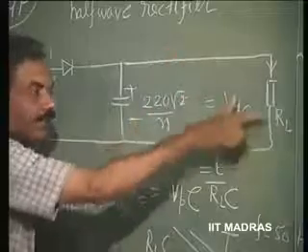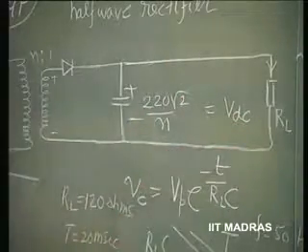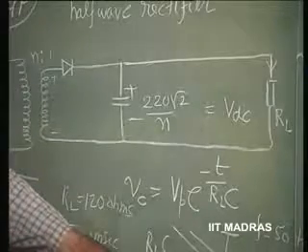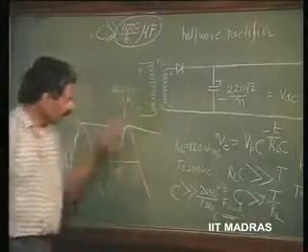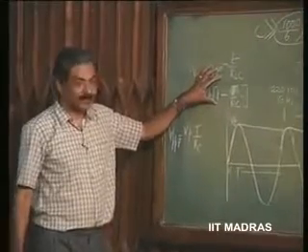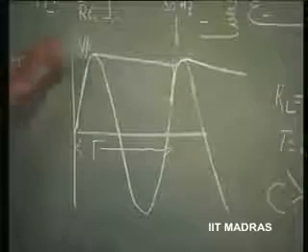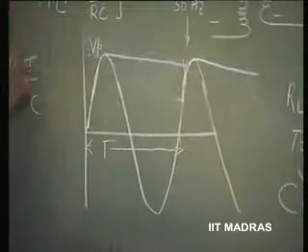Then I would like to investigate what happens when a load is connected across it and how the discharge can be minimized. That will give us the equation for what to select as capacitor value in order to minimize the discharge. Then I can approximate and say that under these circumstances this ripple reduction occurs, and the ripple reduction is going to be to this extent.